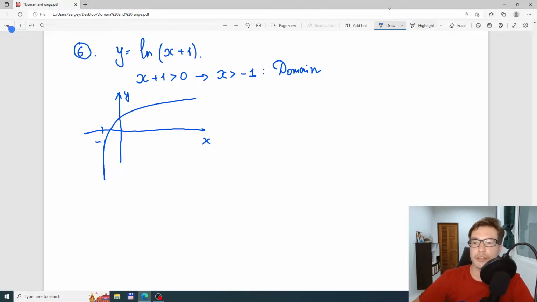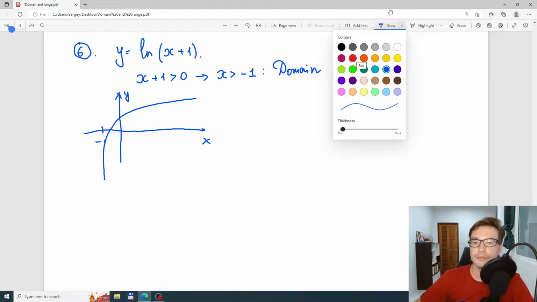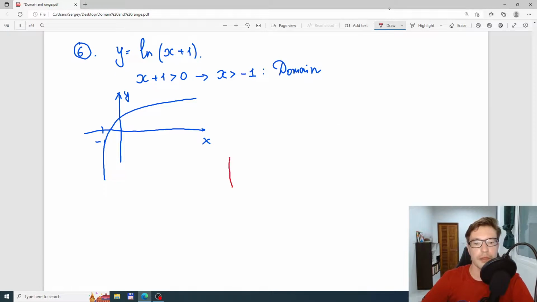Okay, now time for the range. As x goes closer and closer to -1, we can see that the values of y are going to be smaller and smaller. And y keeps increasing as x goes to positive infinity.